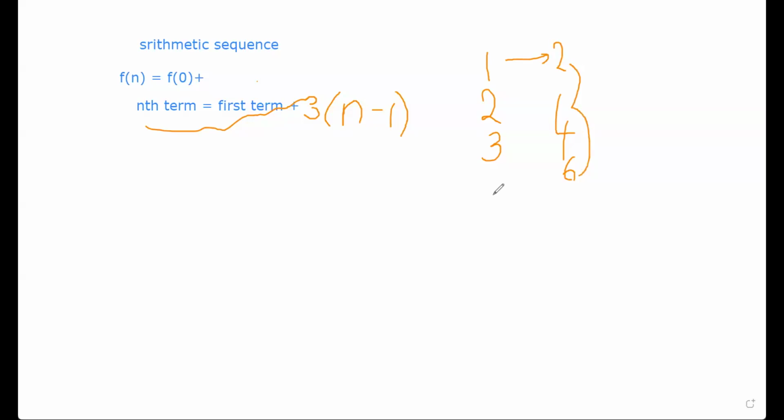So if we want to find the fourth term, starting from the first term, how many common differences will we add? This is a common difference, this is a common difference, this is a common difference. So how many common differences are we adding to get to the fourth term if we start from the first term? 3. Good job.